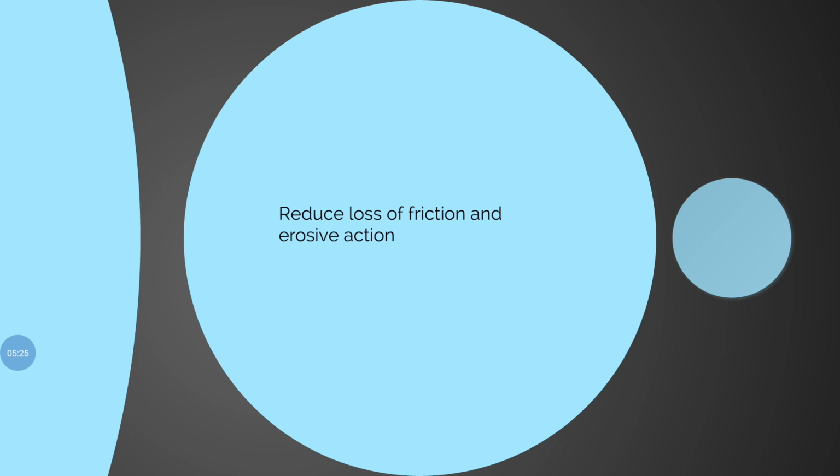This definitely ensures streamlined flow of water, and it can also be used for sewer tunnels, just because it reduces the friction against the flow of any kind of fluid, right?